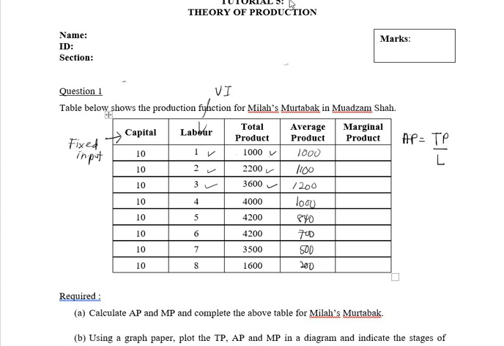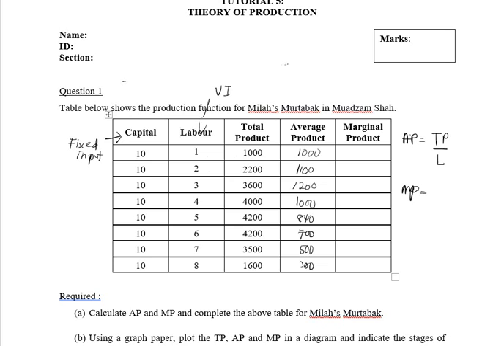Now what you need to do next is calculate the marginal product. Marginal product is the additional product that the extra labor can produce. If you add another labor in the production, what is the additional production that you can get? For example, when the number of labor is 1, before this 0 labor, when Mila adds 1 unit of labor, the total product is 1000.